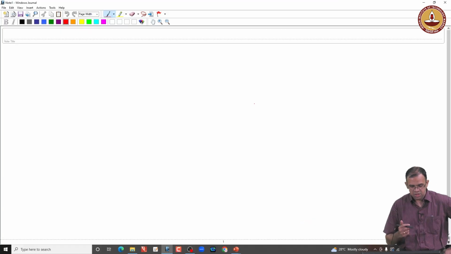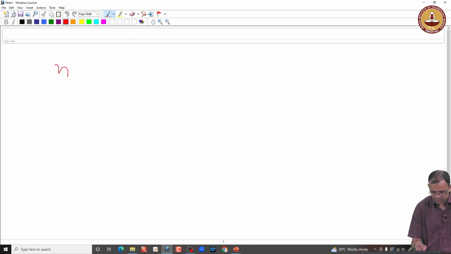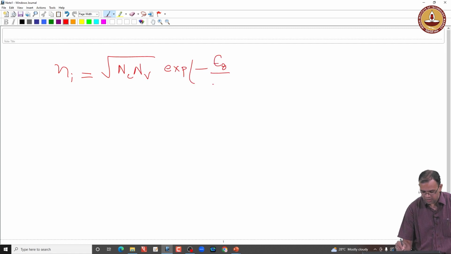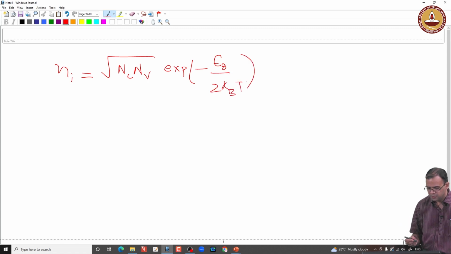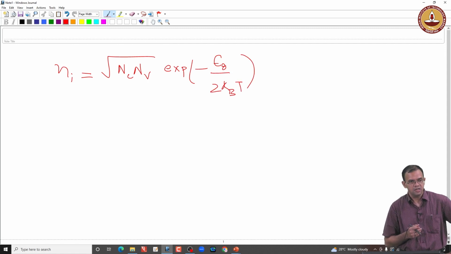So just to do this, I'll open a new screen. This is the formula that we would be using. Ni, the intrinsic carrier concentration, is the square root of NC times NV, times exponential of minus Eg by 2kT.